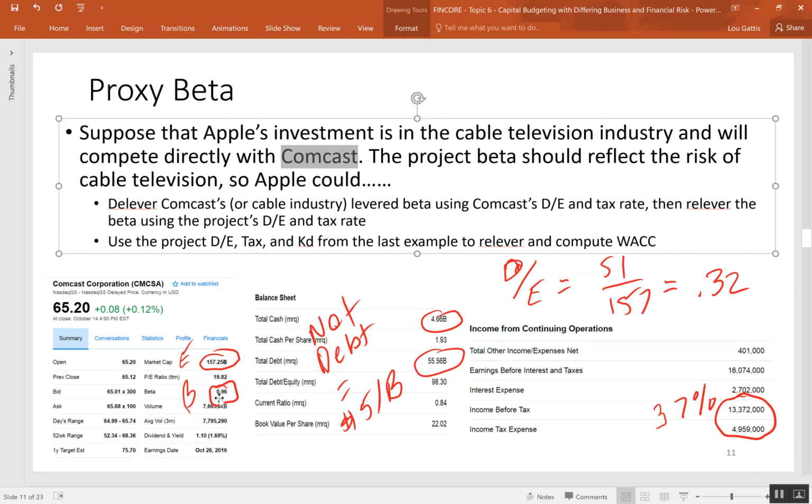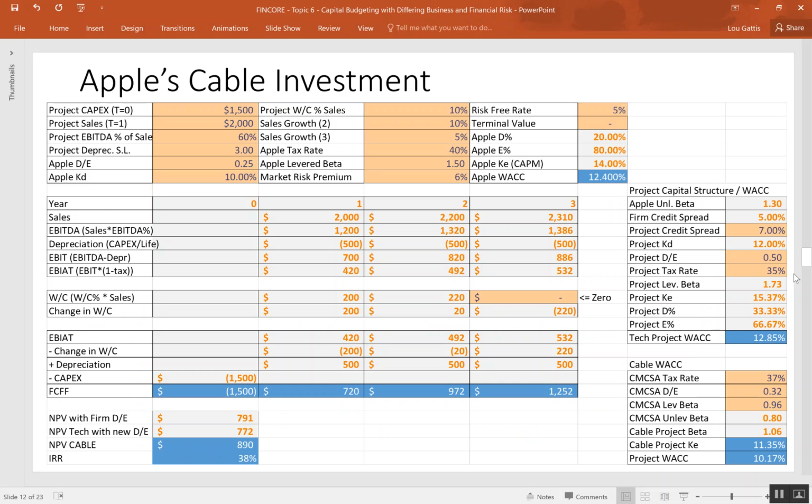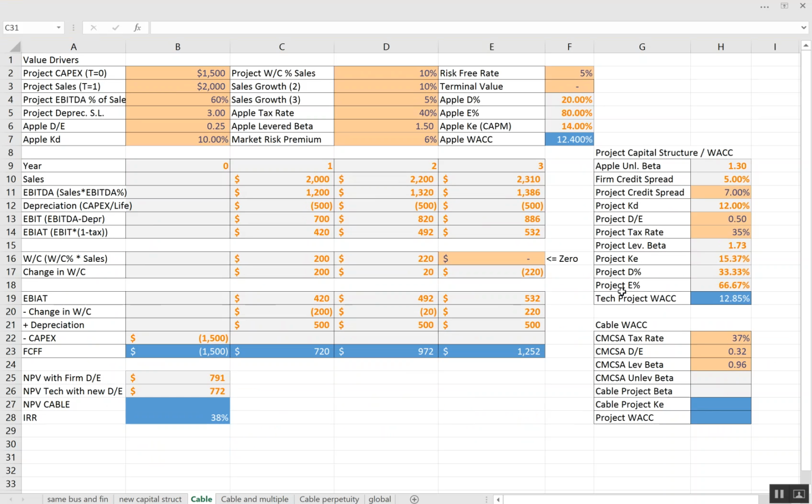Comcast has a levered beta of 0.96. If I take their net debt and their market cap, I get a D/E ratio of 0.32. And Comcast looks like it had a 37% tax rate. So instead of an industry, I can take Comcast's beta of 0.96, unlever it, and figure out the unlevered beta for Comcast, which we think will capture the risk of the cable business. So I'll do that.